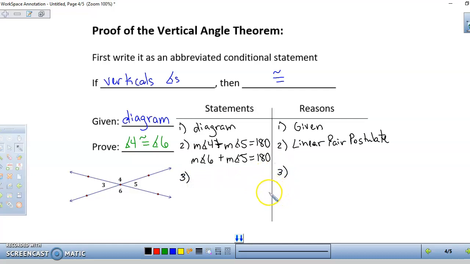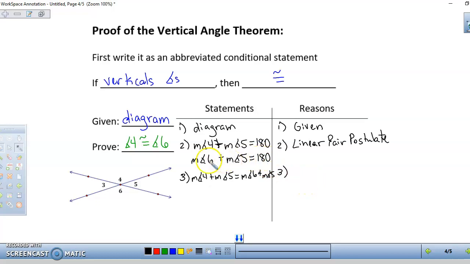Okay, so there's some common practices you can use in proofs. One of them is if you notice equations equal to the same thing, a good next step would be to set them equal to each other. So both of these are equal to 180. So therefore, the measure of angle 4 plus the measure of angle 5 is equal to the measure of angle 6 plus the measure of angle 5.